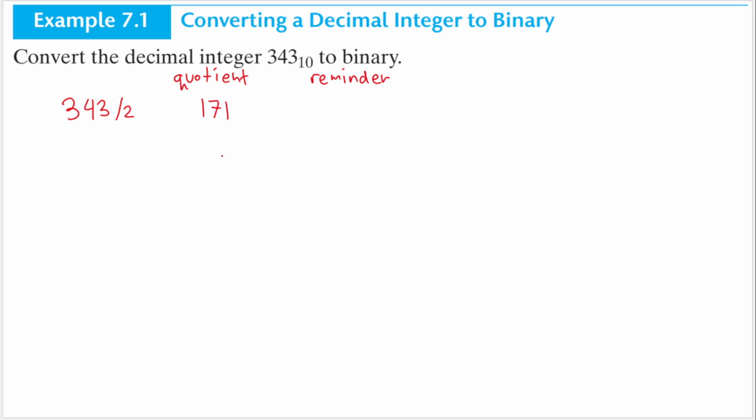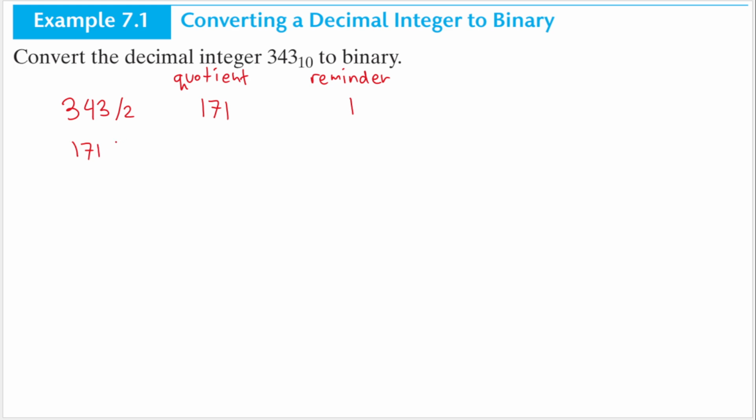But we have a remainder of 1, right? Because 343 divided by 2 is 171.5, so we have a remainder there. Now let's put this 171 here and repeat the process.